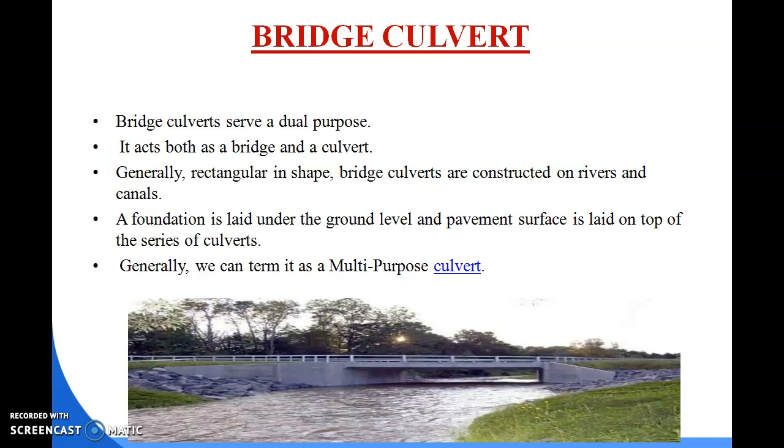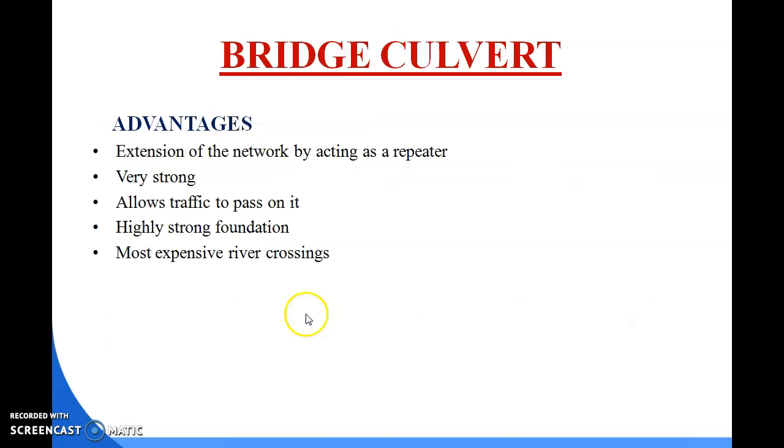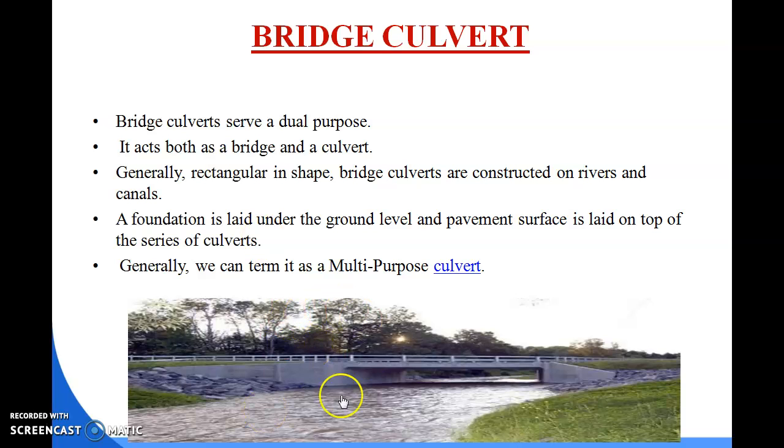Surface is laid on top of the series of culverts, and generally we can term it a multi-purpose culvert. So basically this is the structure of the bridge culvert, and the next part we will discuss in our next slide.